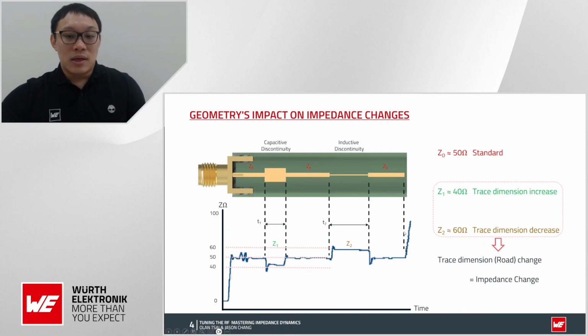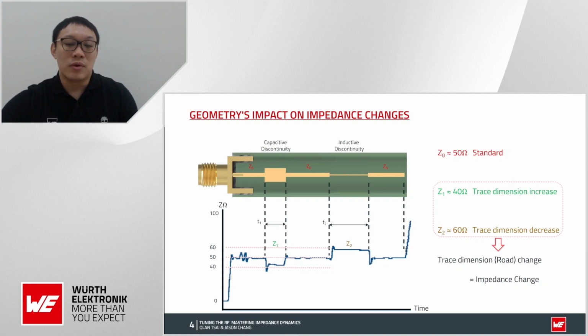This is a result that we get from our experience with the simulation software, also developing the product. When the signal comes from the connector to the trace with good impedance, the good 50 ohm trace line, you get a good result of 50.